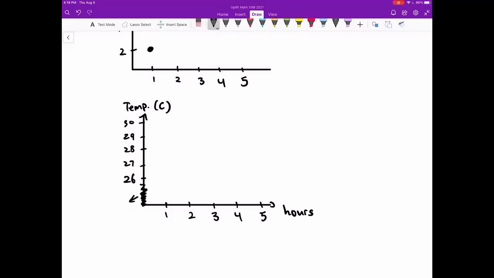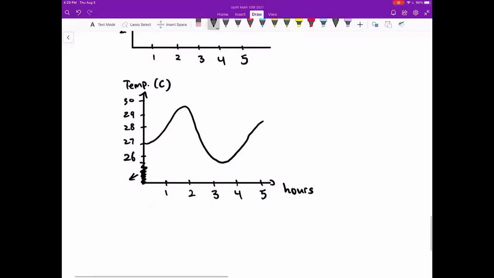Okay. So in the temperature case, we might have something like this. Because the temperature is not going to instantly transfer from 27 degrees to 28 degrees in an instant, right? It's not going to be 28 degrees right now, and in the next second, 27 degrees.